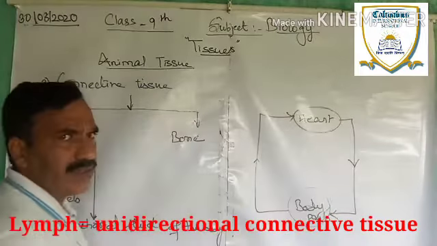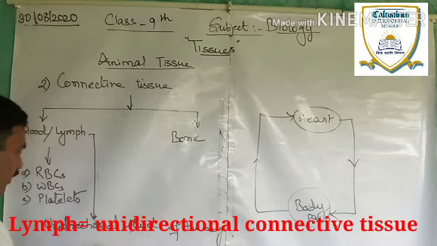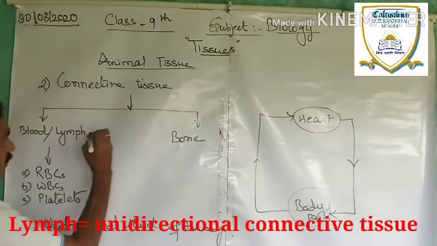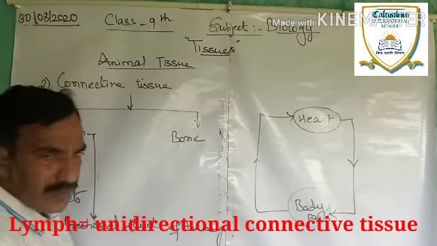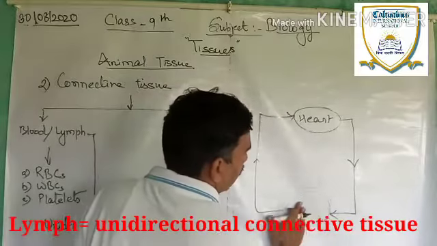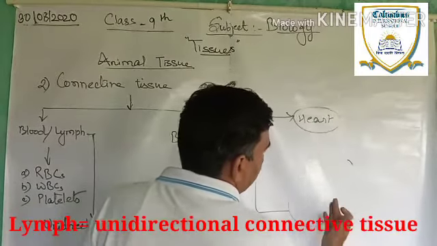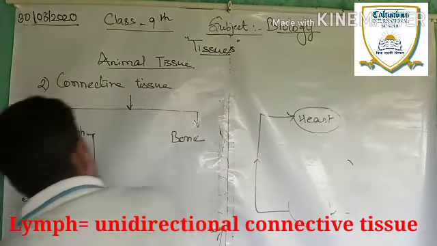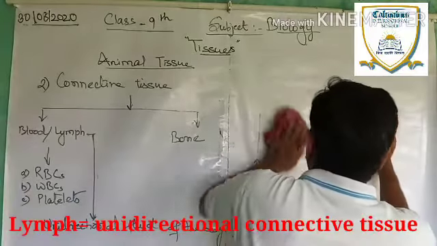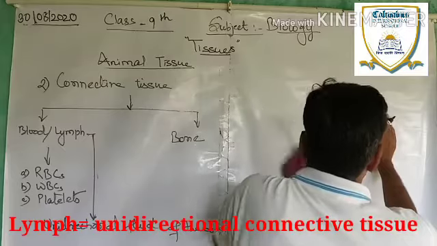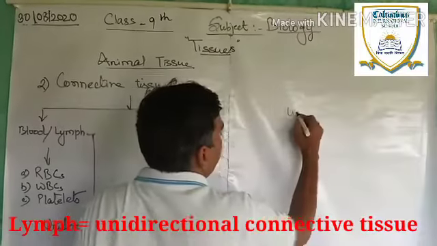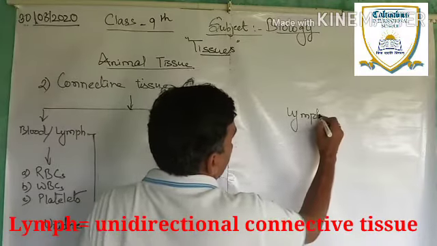So this is circulating, but in case of lymph, it is not so. The only flow of lymph, which I said is unidirectional, is from the body parts to the heart. That means from lymph nodes.